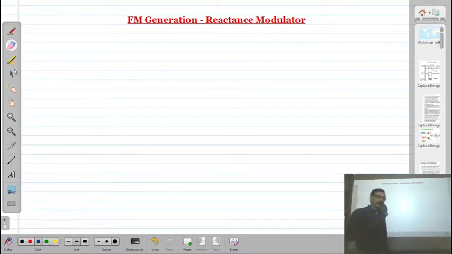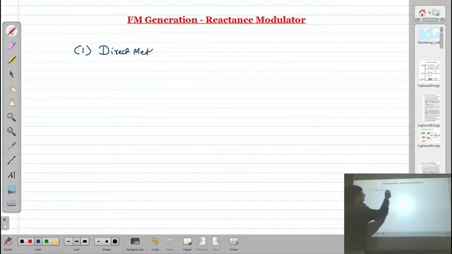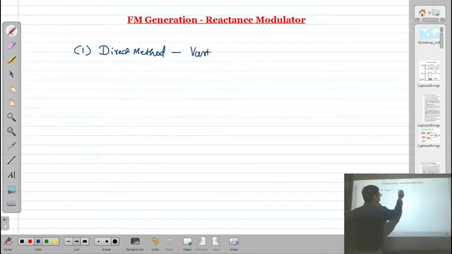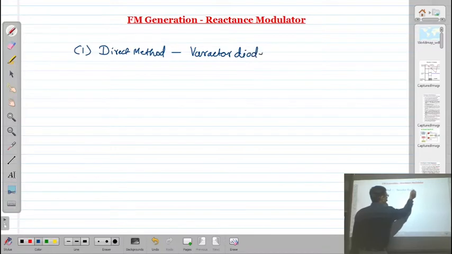For that we have different methods, and two methods are there. One is known as the direct method, and the simplest one is the varactor diode. Another method is called the reactance modulator.